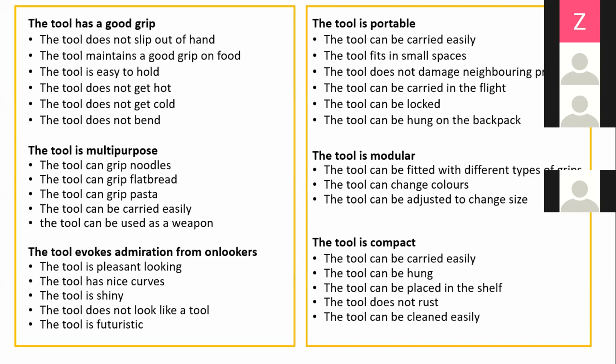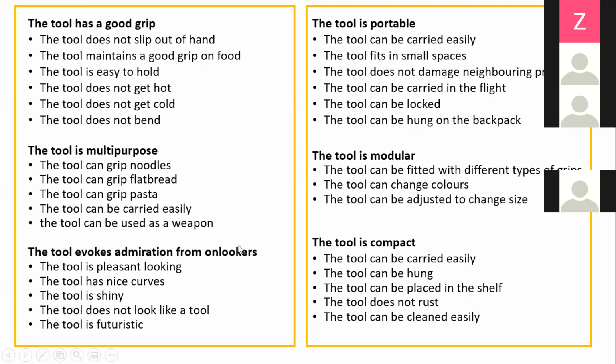So now I have made some user needs to help out our old man here. These are some user needs, and I have put them under a broad heading, which summarizes this particular group of user needs. So the tool has a good grip, so it does not slip out of the hand. It maintains good grip on the food, does not get hot. Then the tool is multi-purpose, can grip noodles, can grip flatbread, can grip pasta.